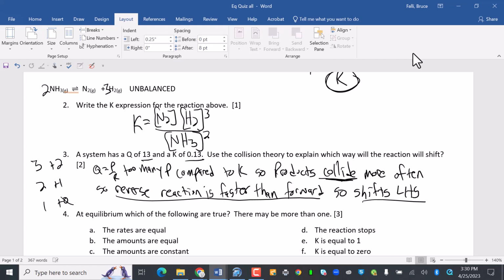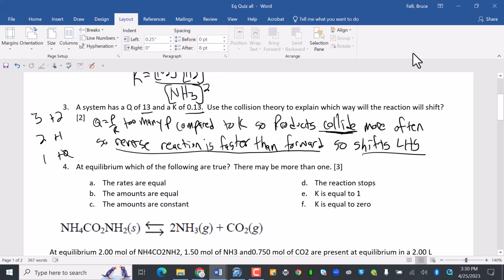At equilibrium, which of the following are true? There may be more than one. The rates are equal: true. The amounts are equal: false. The amounts are constant: true. The reaction stops: false.